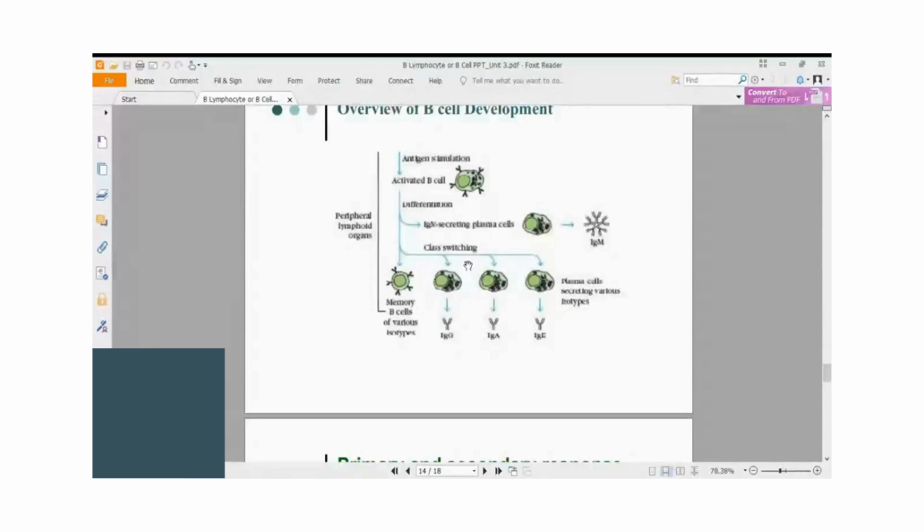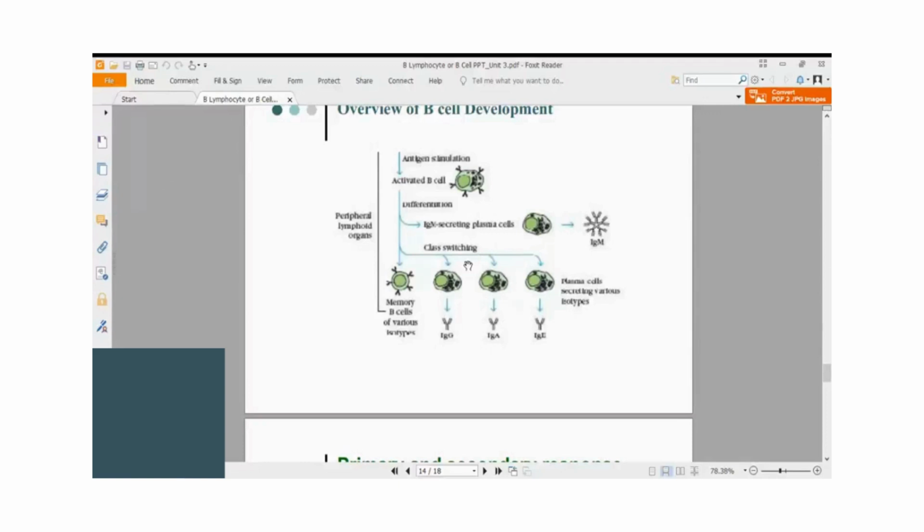For the time being, keep these three different phenomena that take place in the B cell activation in mind. If the explanation is asked in the organization of the immunoglobulin gene, how does the class switching mechanism take place, there you can explain it in a different way with the diagrammatic sketch. But here you can just give the explanation in plain simple words that class switching is nothing but the switching over of production of antibody of IgM type to other antibody types like IgG, IgA or IgE, which happens when the B lymphocyte commits itself for the foreign antigen.